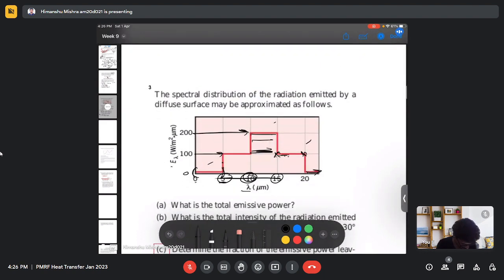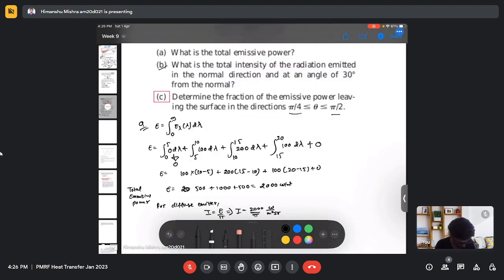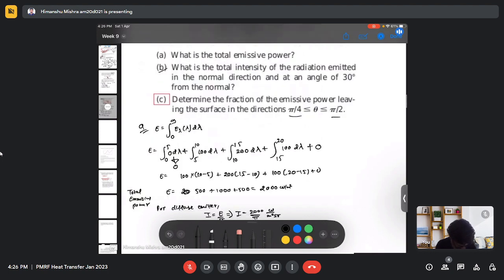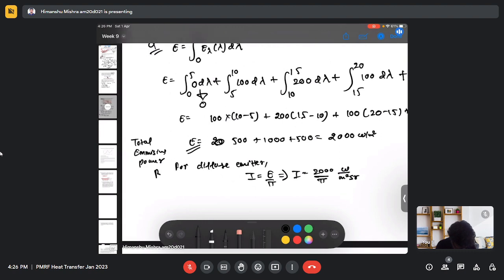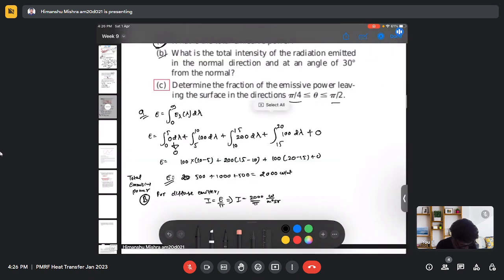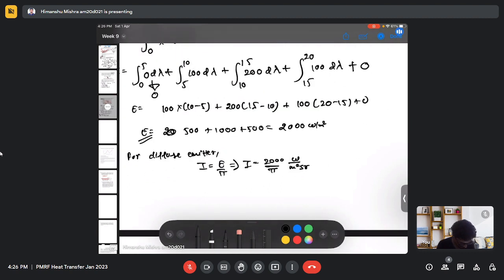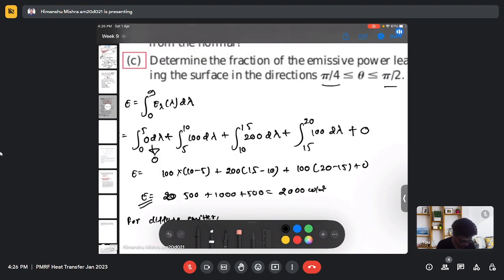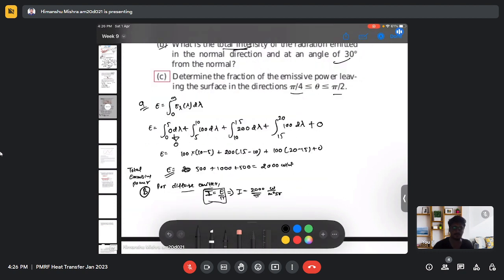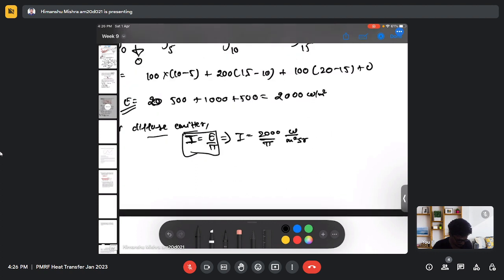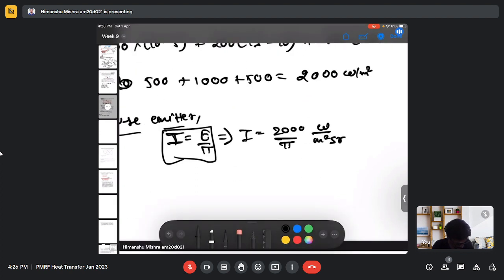We have been given that it is a diffusive surface here. So in part B, for the first part we calculated the total emissive power, and now we need to calculate the total intensity, which for the diffuse emitter is given by this. It doesn't matter if it is at angle 30 or anywhere, because since it's a diffusive emitter, my intensity will be the same everywhere. So it is independent of angle.